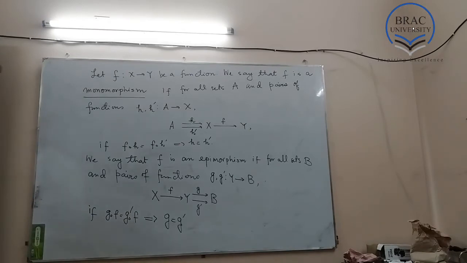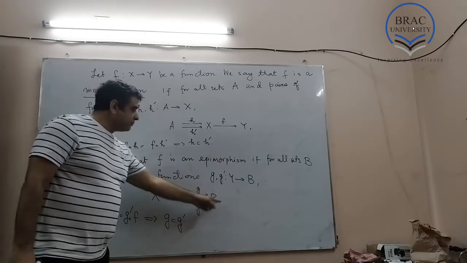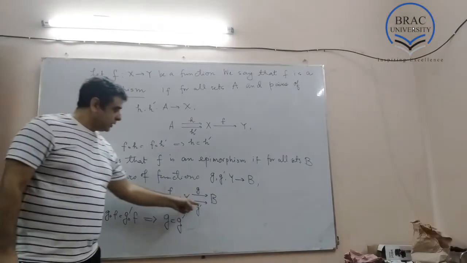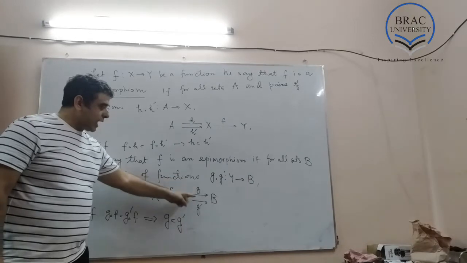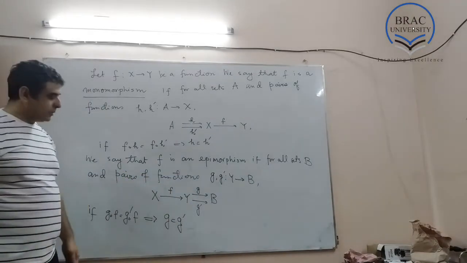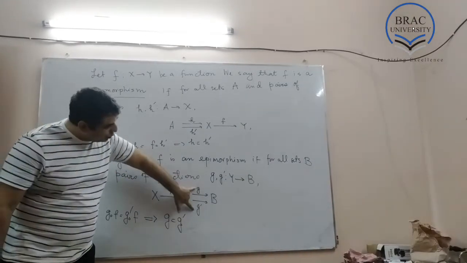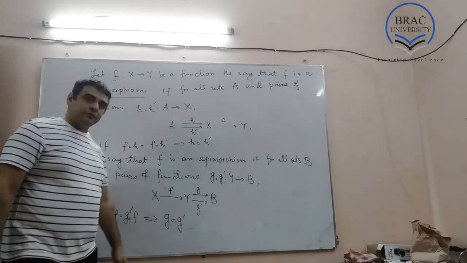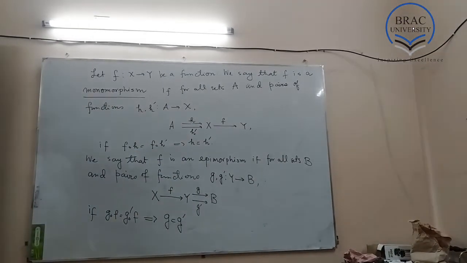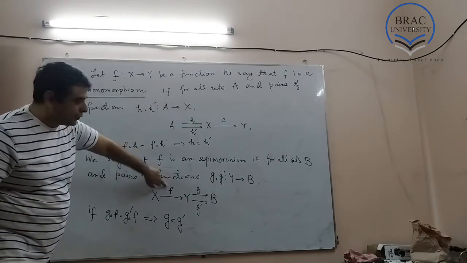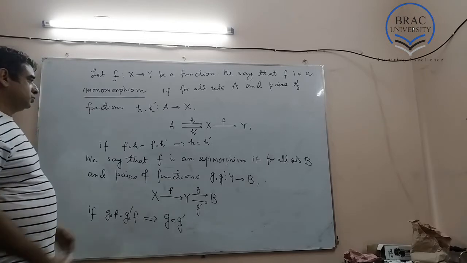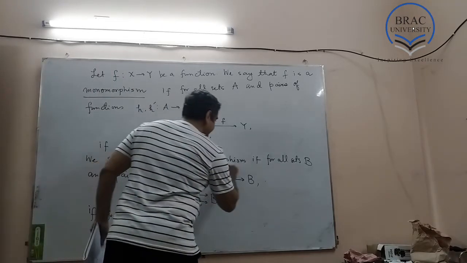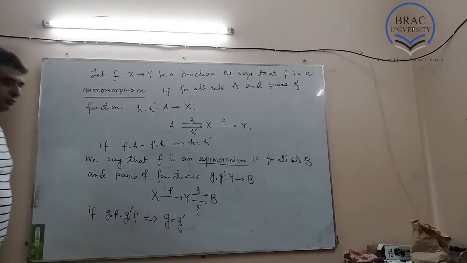It means that if this diagram commutes, then we will of course have g equal to g prime. In other words, if these are two unequal functions, then the diagram will never commute. If this is the case, then f is called an epimorphism.